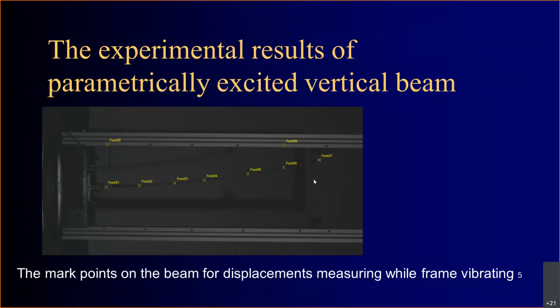Okay, so for evoking the impacting effect, mechanical stoppers are attached to the frame, while the free end of the beam vibrates horizontally. The marked points were used for the measurements of the composite beam response by high-speed camera. There are several marked points that we recorded by high-speed camera.